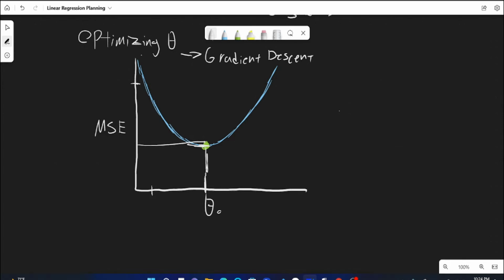For example, let's start at theta 0 equals 0, right? So this point. And then what we do is that we jump down here. We gradually jump down here to this point and to this theta 0 value. And then we do it again.